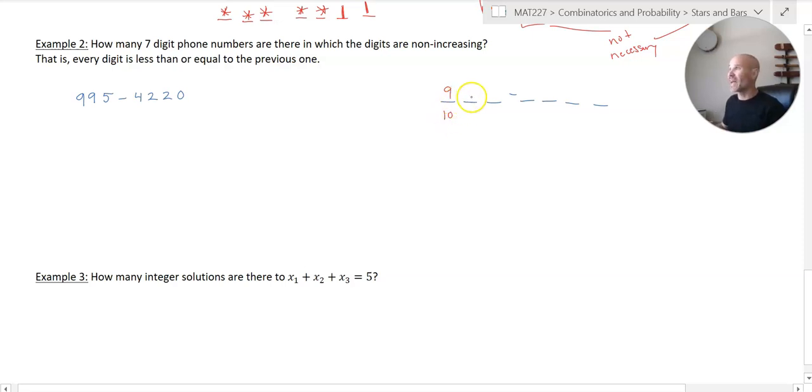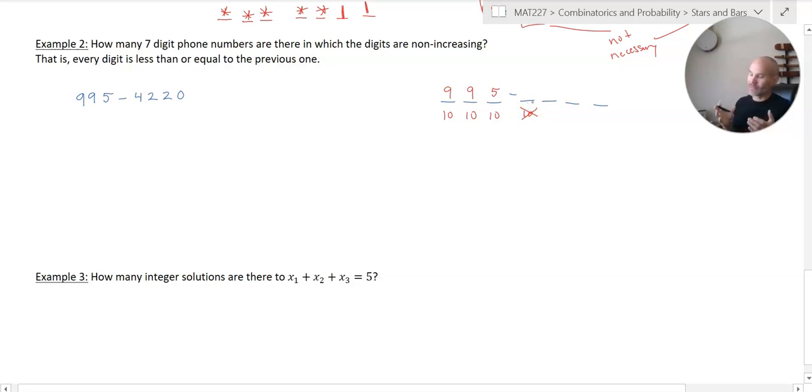Now, if the first digit is a 9, there are still 10 possibilities for the second digit, because it could be a 9 all the way down to a 0. And the third digit could be any one of 10 possibilities, but if it's a 5, well, that messes everything up from here forward, or here backwards, if you will. In that, the next digit cannot be any one of 10 possible numbers, because this can't be a 6, a 7, an 8, or a 9.